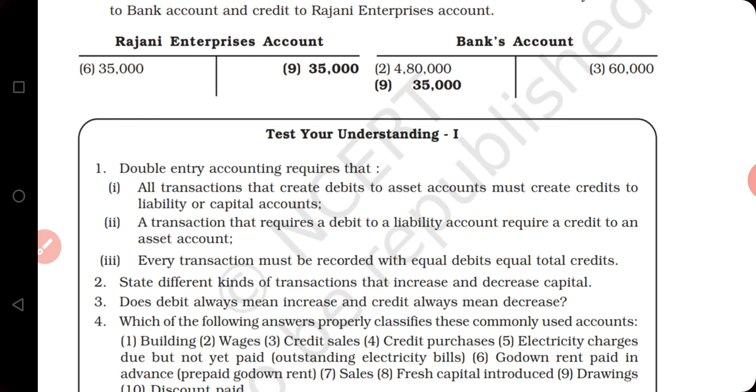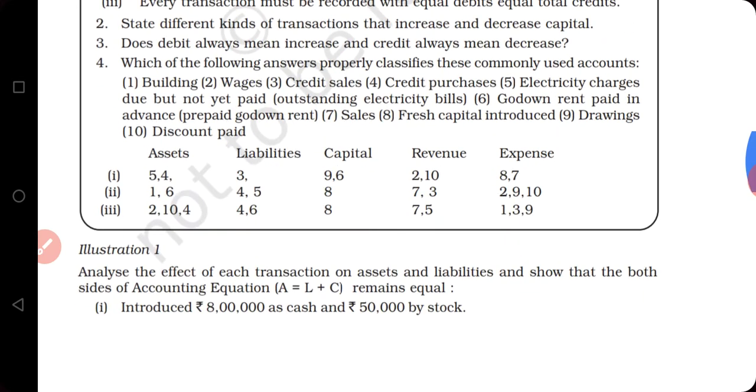Our bank balance will be improved by 35,000. So in the last transaction, two accounts will be affected. One is the Rajni account. In the Rajni account, on the credit side we will show 35,000. In the bank account, 35,000 will be shown on the debit side because he or she is making the payment through check. So our bank balance will be improved and our debtor, the Rajni balance, will be reduced by this.